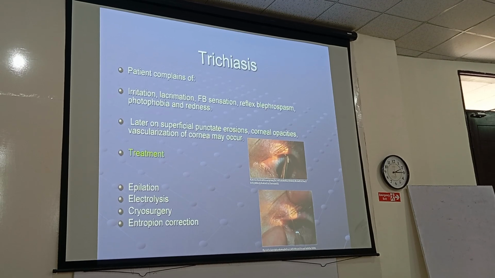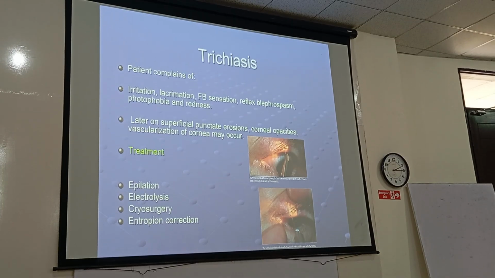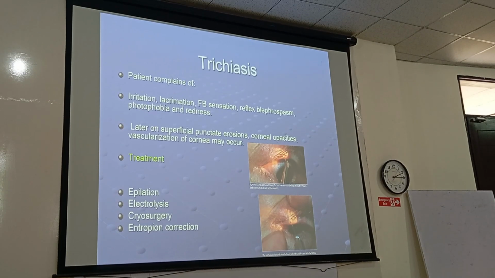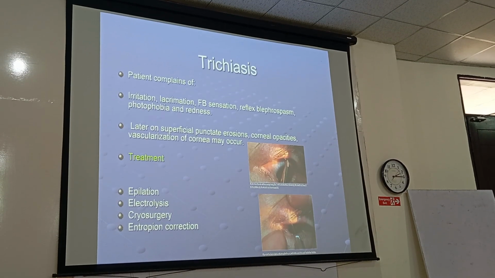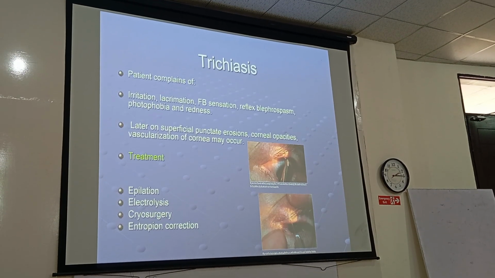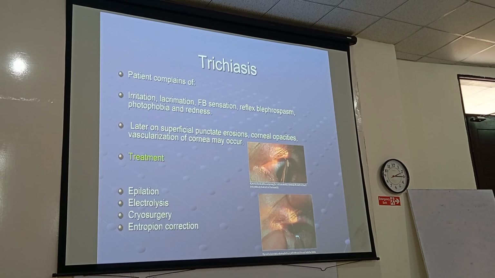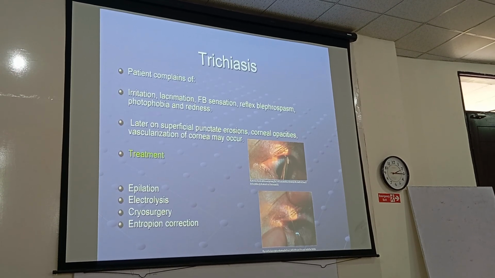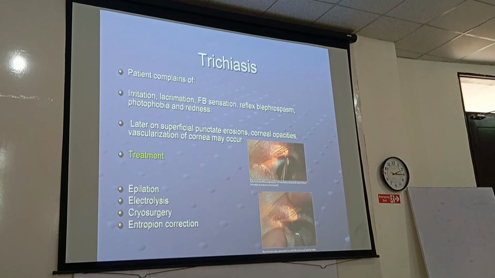So the eyelashes are permanently destroyed. Though it is a destructive procedure, here our main concern is to protect the cornea. Because if we leave it, it will cause corneal ulcer, opacity, and the patient can have permanent corneal opacity.